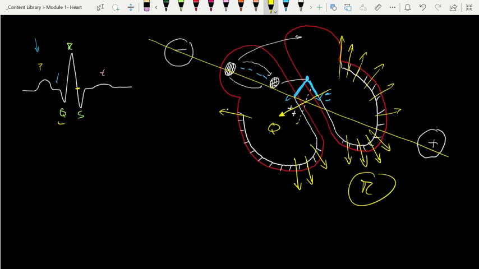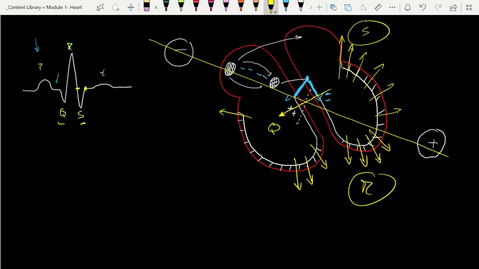My last little bit, these vectors are pointing toward the negative lead. And it's that last bit of the Purkinje fibers firing that gives me the S component of my QRS complex. And then, once they've all fired and they've all depolarized, where do I go? I go back to baseline, and that's the end of ventricular depolarization.